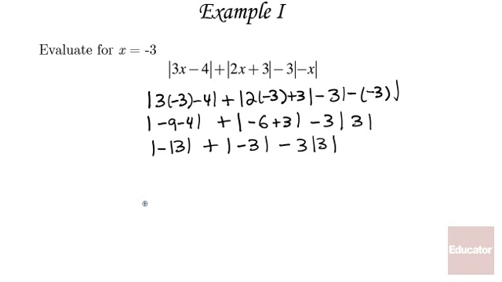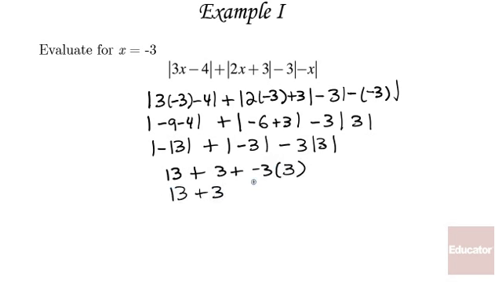Now I just need to find the absolute value for each of these. Well, the absolute value of negative 13 is 13. The absolute value of negative 3 is 3. The absolute value of 3 is 3, but this time we're multiplying it times a negative 3. So it's negative 3 times the absolute value of 3, which is 3.